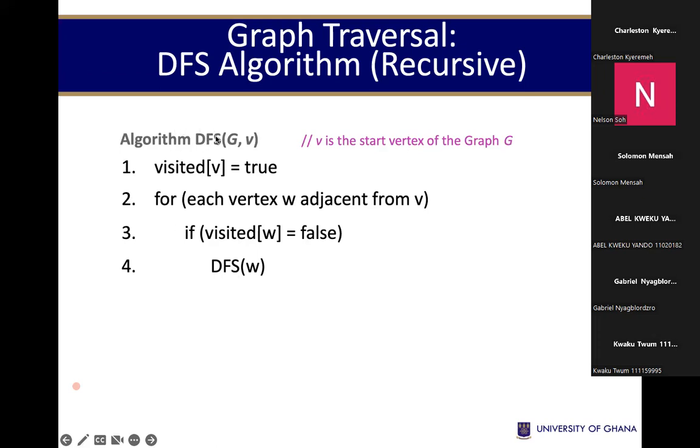This time we replace this parameter with W. And then if we have visited W, which is true, we look for each adjacent node to that vertex W which has already been visited. We also take our time to explore it. Until we finish exploration, we cannot move on to another node.